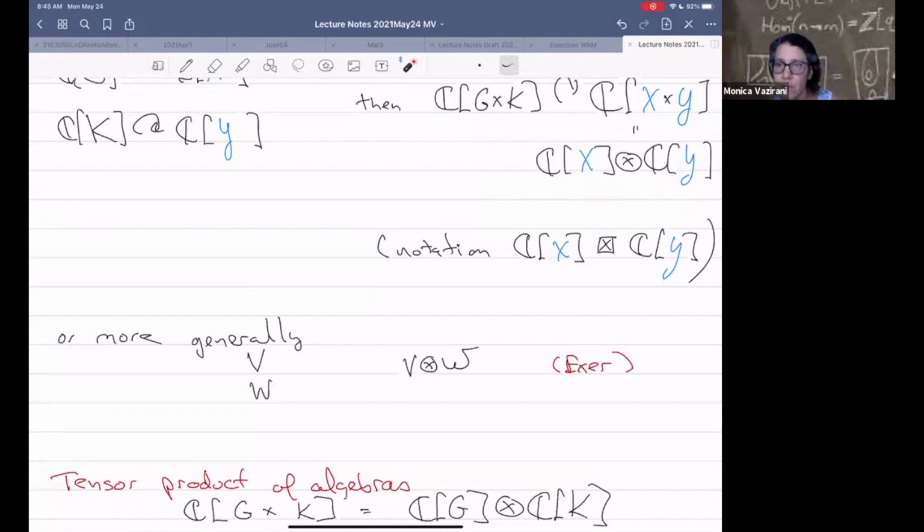Let's see, there's something. Oh yeah, so the square tensor is for when I'm gluing together two different vector spaces that come from two different actions.